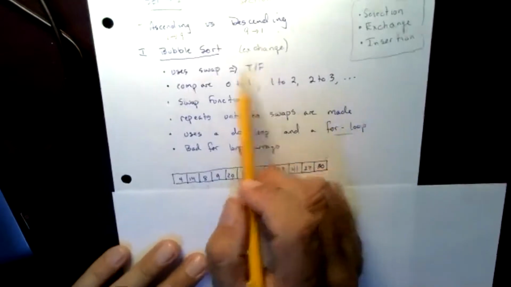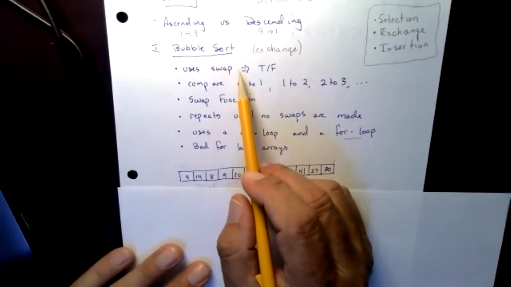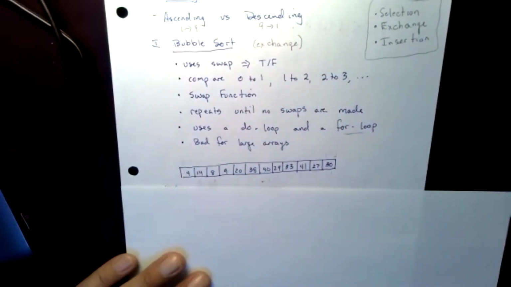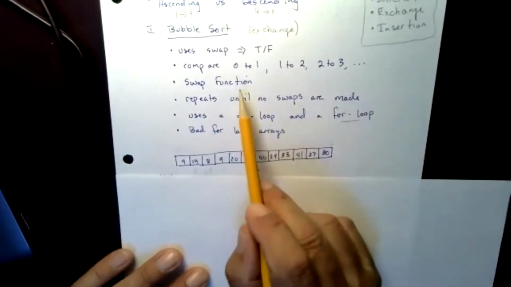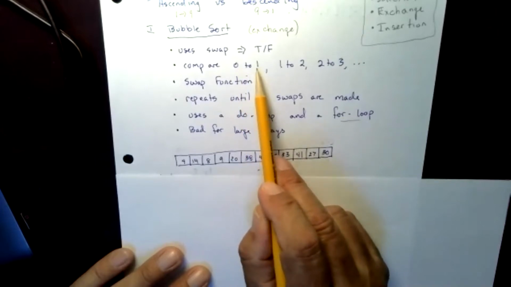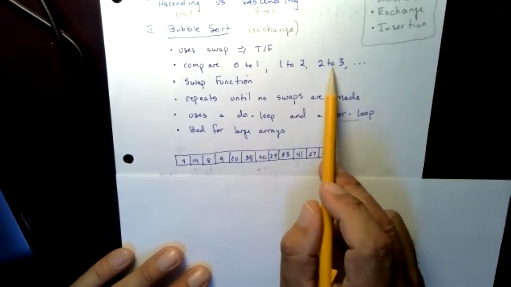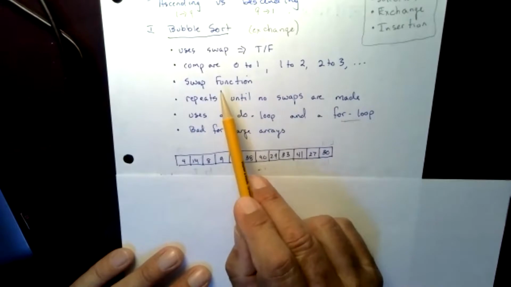So if it's an exchange, I'm going to be swapping, okay? And I'm going to keep track of swapping using trues and falses. How are we going to go through this? We're going to compare the 0 position to the first position, 1 to the second, 2 to the 3. And if they're not in ascending order, I'm going to swap them.